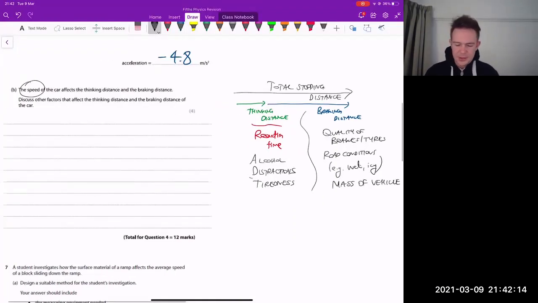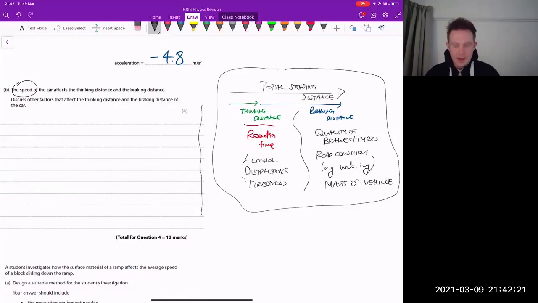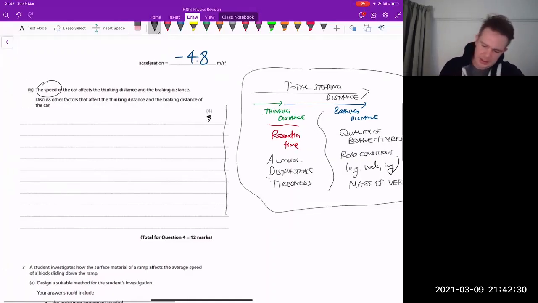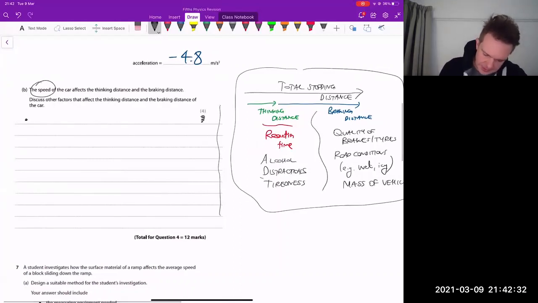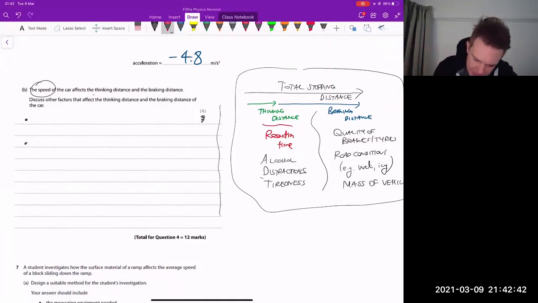Okay, so what you want to do is include the information I've written here in a long sort of prose answer, and always note for these questions the number of marks, in this case 4. You don't have to write in bullet points, but I would think to myself, let me write 4 distinct relevant points, mentioning both the thinking distance and the braking distance, minimum 2 factors affecting each.